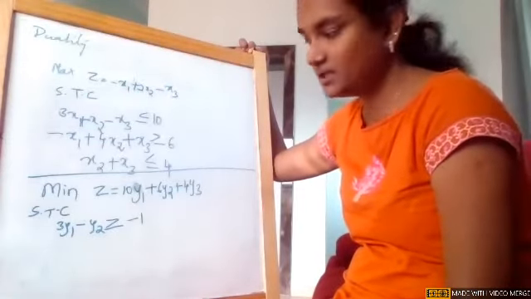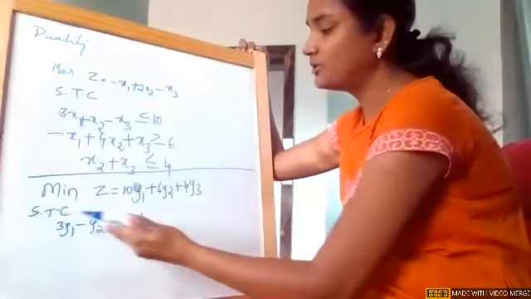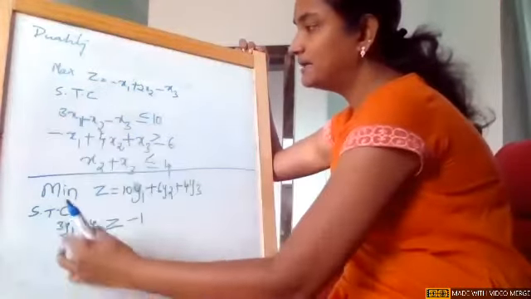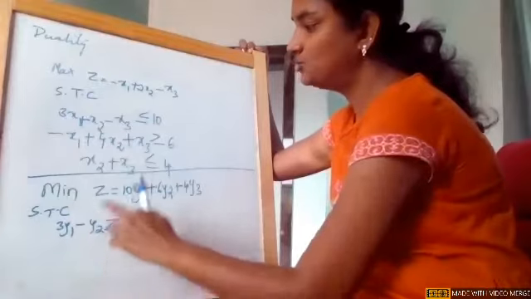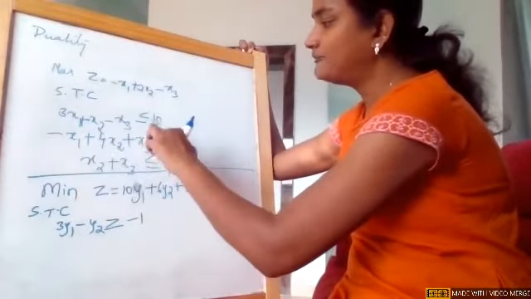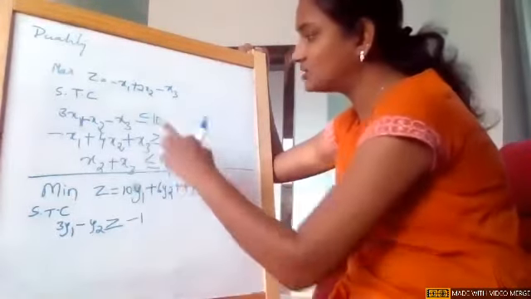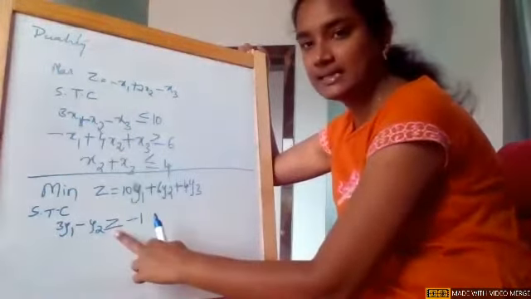Understood? Any doubt in this? All the x1 values you are showing here, 3y1 minus y2, and y3 is not there. For the first equation, in the earlier case it was less than, so we took the greater than symbol.